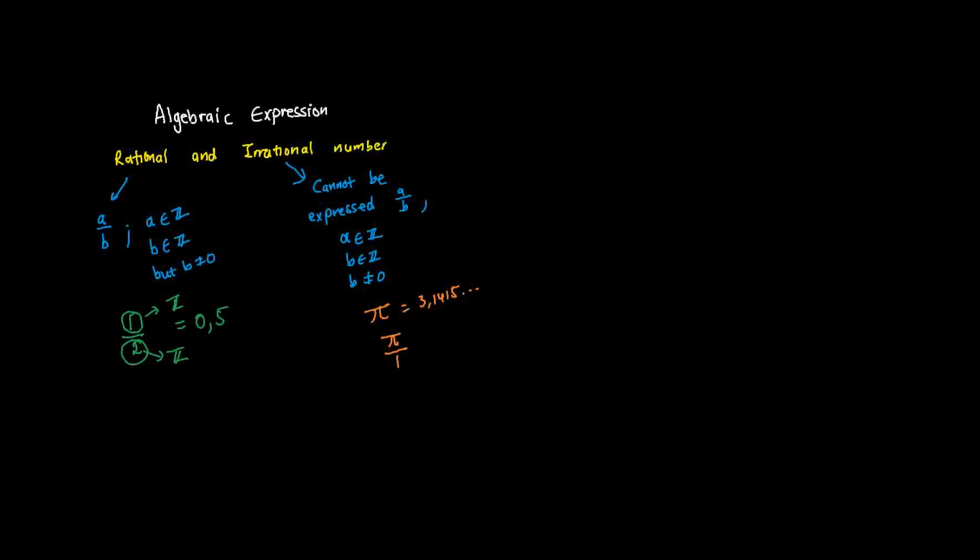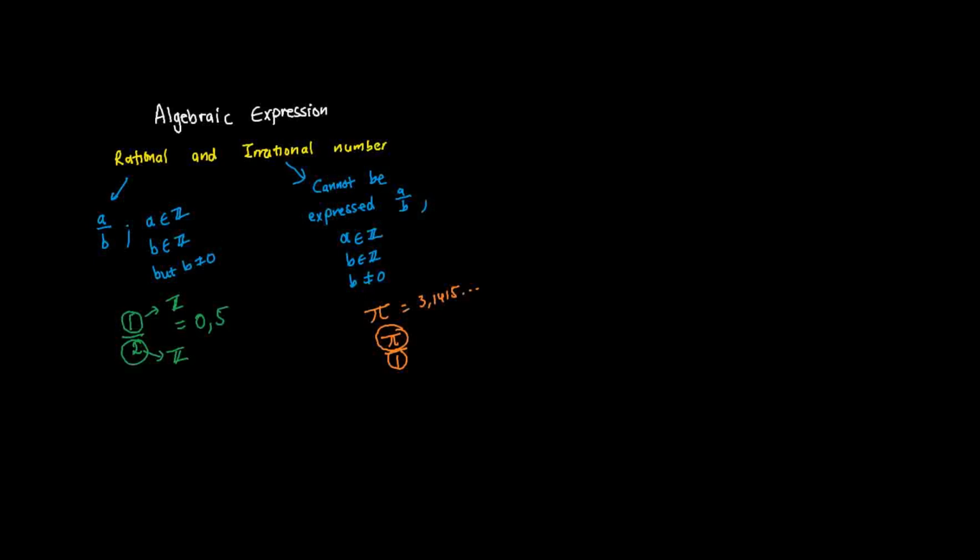But remember, the definition of a rational number is that it has to be an integer over an integer, and pi, which is in the numerator, is not an integer. So therefore, it is regarded as an irrational number. For example, an irrational number could be the square root of 2 or the square root of 3. So you get the point. There's infinite rational numbers and there's infinite irrational numbers.